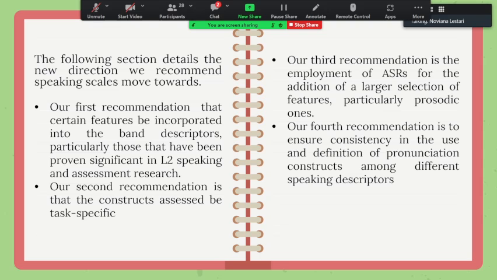Our third recommendation is the employment of ASRs for the addition of a larger selection of features, particularly prosodic ones. Our fourth recommendation is to ensure consistency in the use of the definition of the pronunciation construct among different speaking descriptors. Next slide, please.